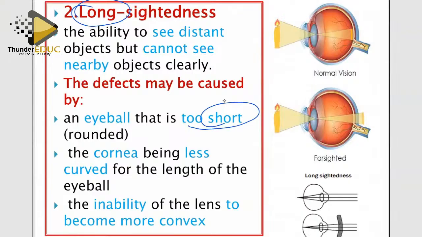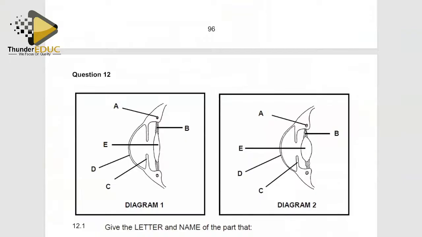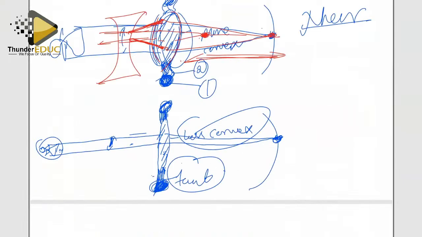And then now, this person is able to see objects which are far, but not able to see objects which are near. The eyeball is too short. Remember the near object? What happens? The far object, the lens is too small. So if you are able to see objects which are far, but you can't see objects which are near, it means that the lens cannot change to be thick when the image is coming from a nearby object.